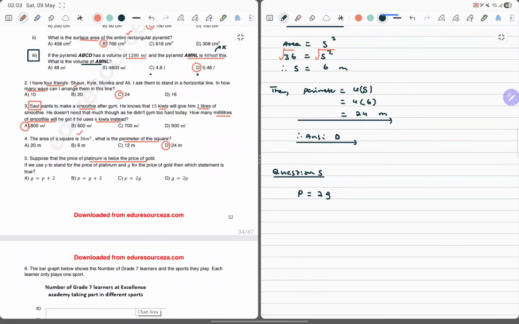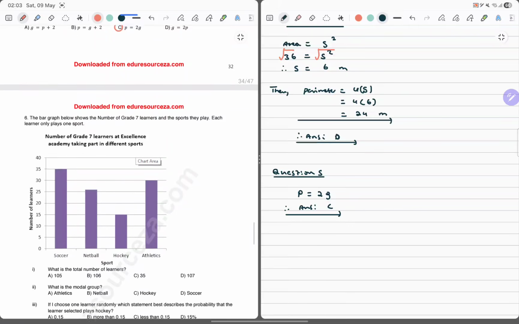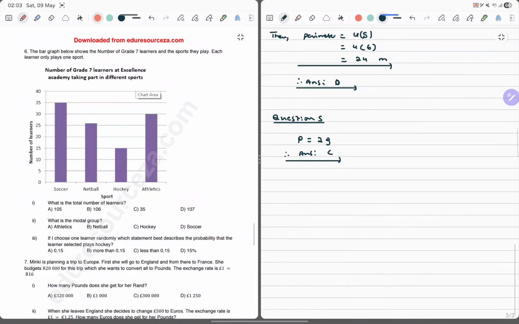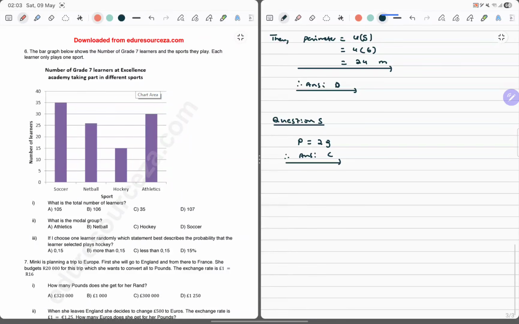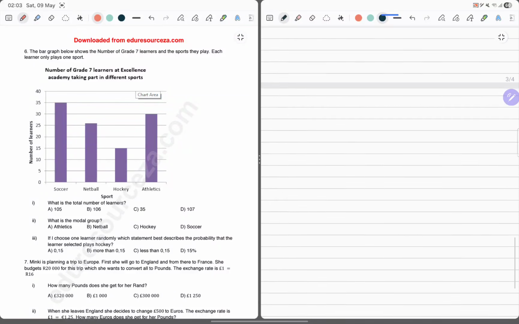Now it says, which statement is true? Okay, C. So I can therefore say the answer is C. Again, this was a lower grade question. Right, so let's look through question 6.